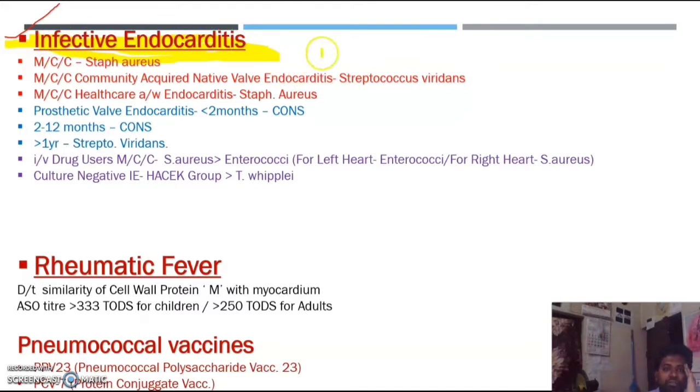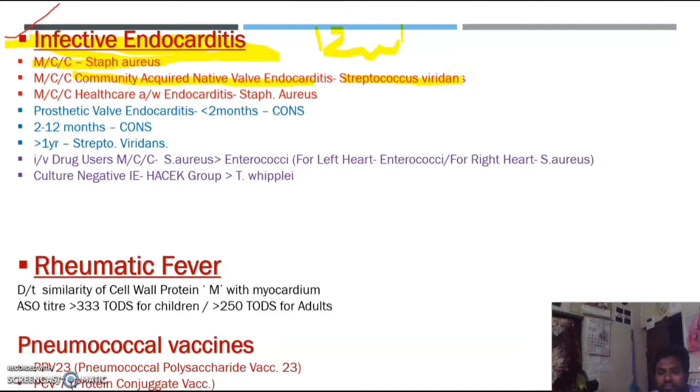There is a criteria called the modified Duke's criteria. The most common cause for infective endocarditis overall, I have said, is Staphylococcus aureus. And if it is community acquired, native valve endocarditis, in simple terms, then it is Streptococcus viridans.